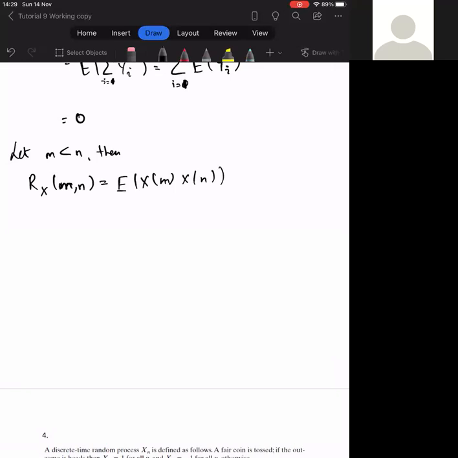So E of x of m times x of n, इसको हम सिंप्लीफाई कर सकते हैं। अगर हमें पता है कि m is less than n, तो हम क्या कर सकते हैं, एक तो हमारे पास आ गया x of m, ठीक है, और x of n जो है, n अगर m से बड़ा है तो हम इसको ऐसे लिख सकते हैं। तो x of m बेसिकली क्या है, पहले m yi's का सम है, ठीक है। तो यहाँ पे फिर आएगा y m plus 1 plus y m plus 2 plus dot dot dot.